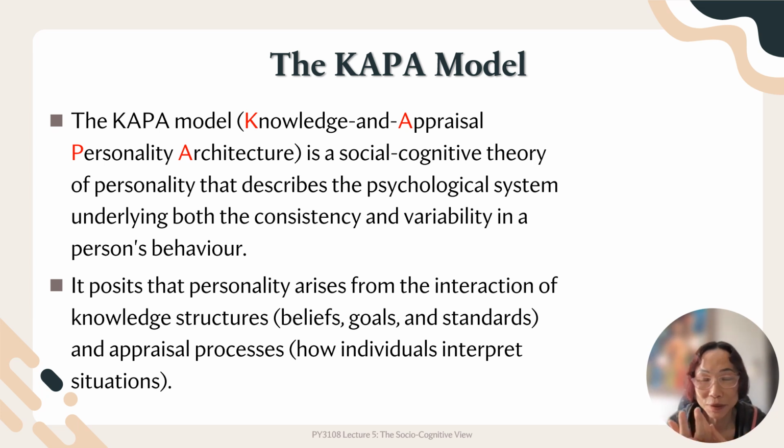For example, trait theory does not look into the variability among the population of individuals. And for Freud's theory, there is a lack of evidence of consistency, and it always focuses on the abnormal part of the person rather than looking into the consistency of the person in terms of personality.